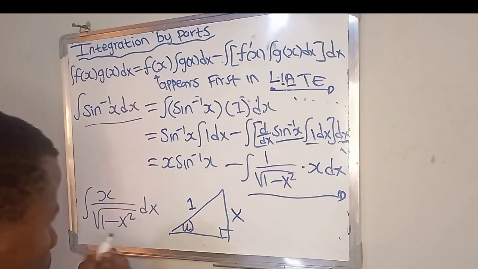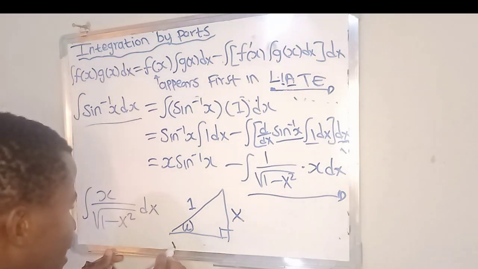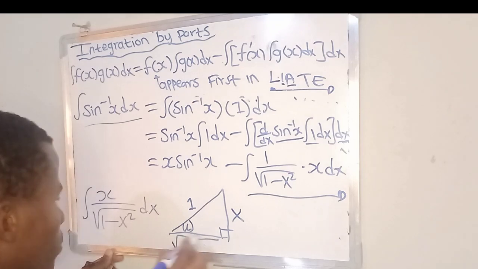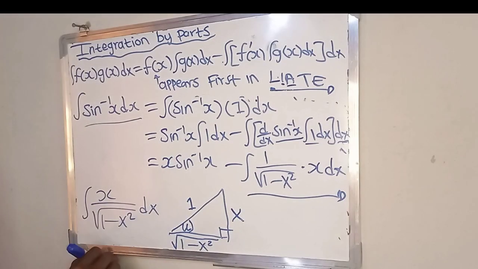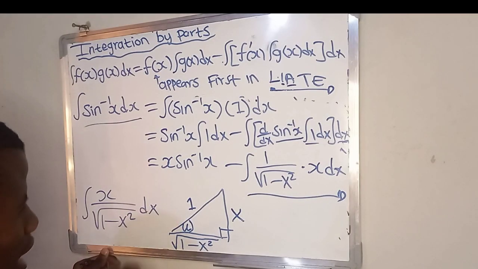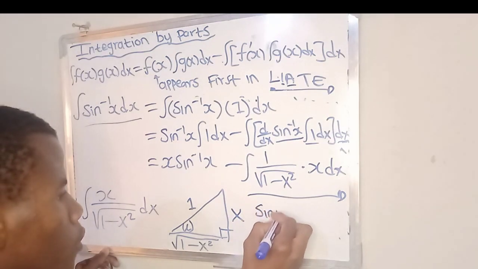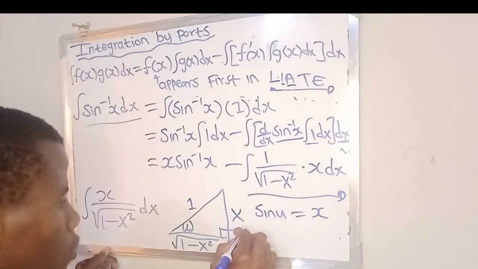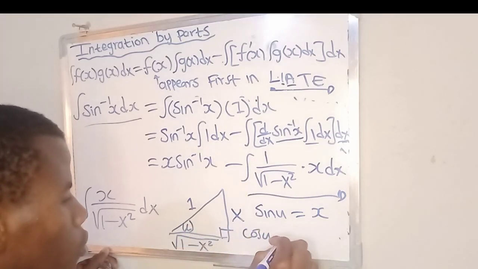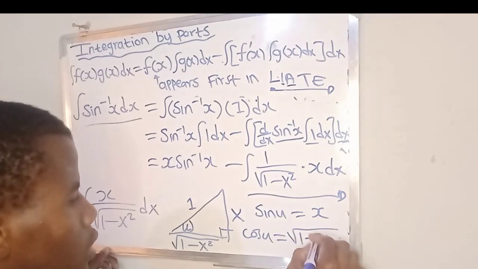So if I apply Pythagoras in this right angle triangle, I can find the adjacent side of angle u being the square root of 1 minus x squared. And if I check clearly on the triangle, I can see that the sine of u is nothing but x, and the cos of u is nothing but the square root of 1 minus x squared.